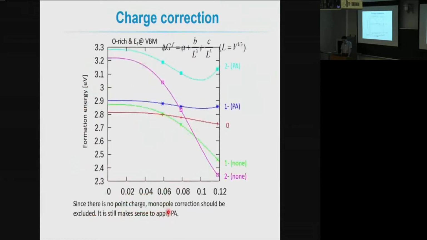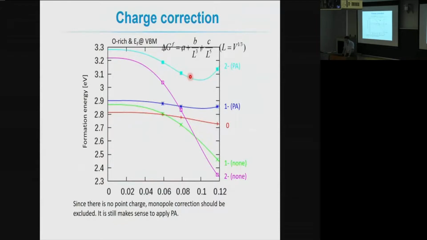Okay, and you can also introduce the charge correction scheme, but as you can see here, the fitting is not good. Depending on the charge correction method, it does not converge to one energy. This is because the defect level is not localized, so the charge of the defect level is ill-defined.